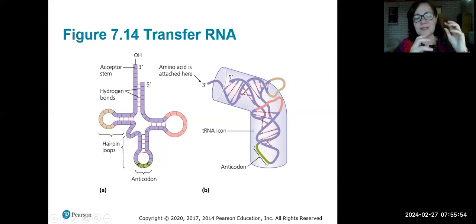And it's been given this unfortunate name of anticodon. It just means this is the bit that's going to be complementary to the codon, and that's how it's going to bind to the messenger RNA. And then at the other end, it carries the amino acid. So one of these charged transfer RNAs has an amino acid here to bring into this process of translation.